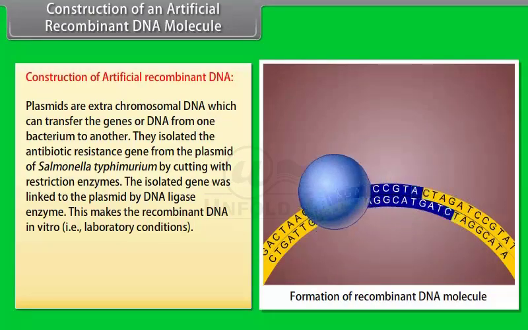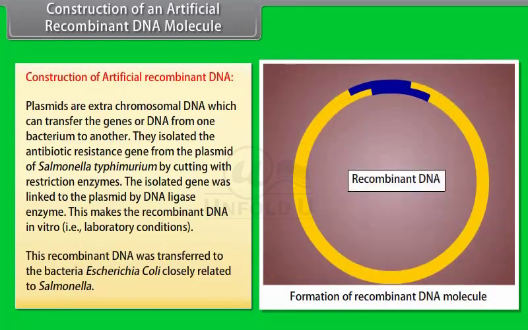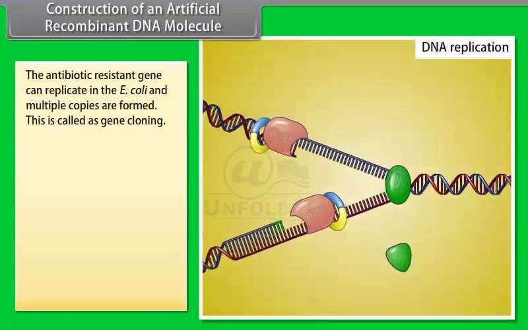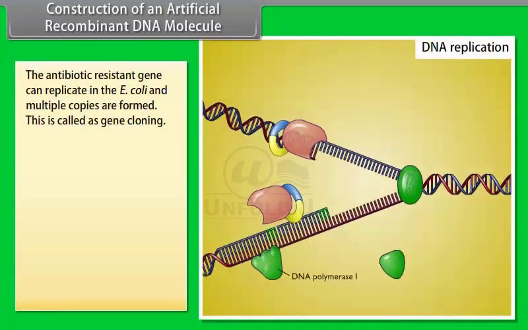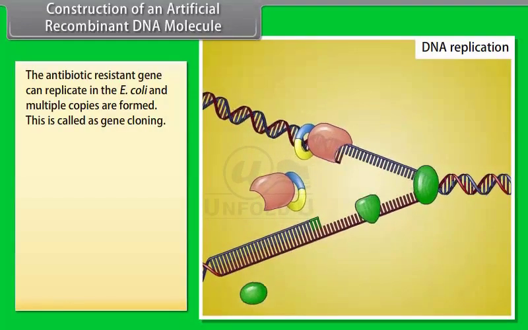This makes the recombinant DNA in vitro, that is, laboratory conditions. This recombinant DNA was transferred to the bacteria Escherichia coli, closely related to Salmonella. The antibiotic resistance gene can replicate in the E. coli and multiple copies are formed. This is called gene cloning.